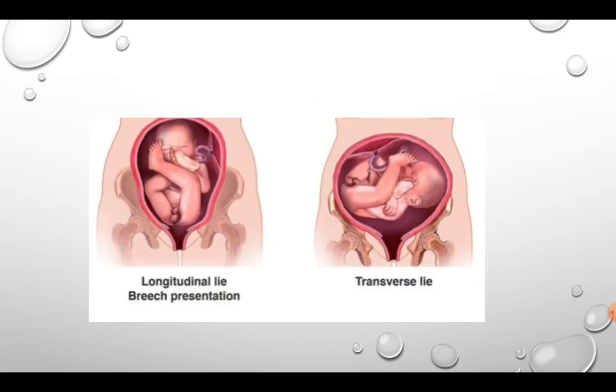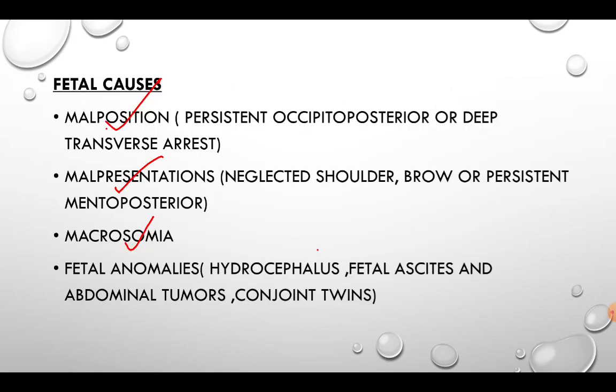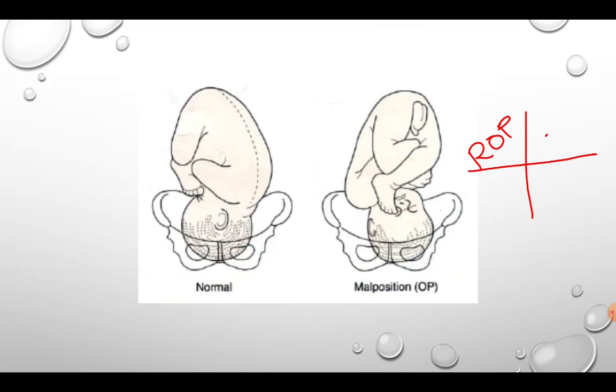Now this is the longitudinal lie. So any other lie of the baby, we have said this is all malposition or malpresentation. The normal presentation is cephalic. So this is malpresentation. This picture is showing about malposition.